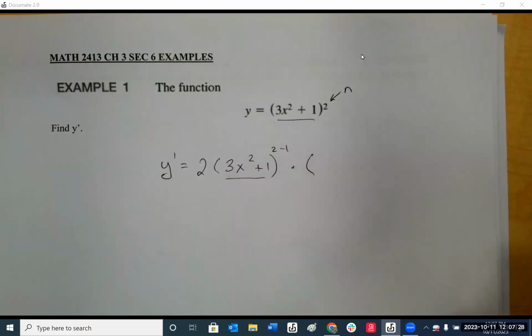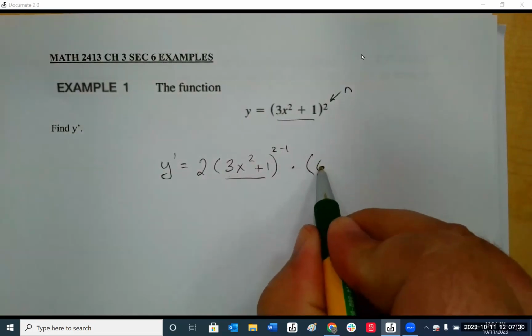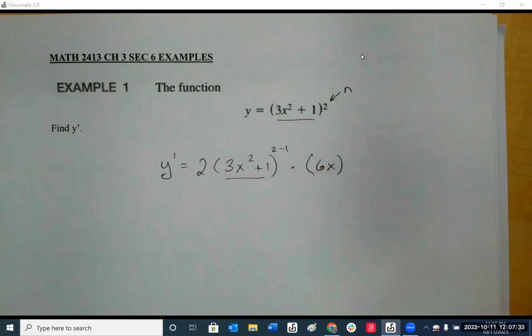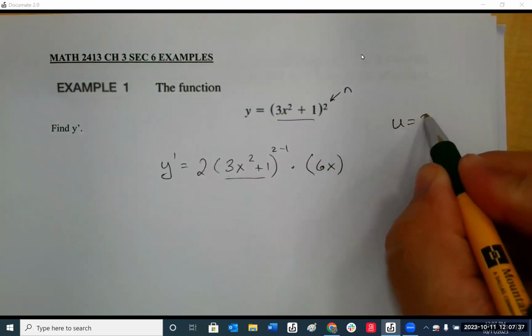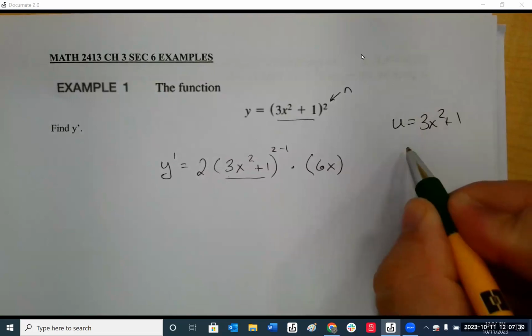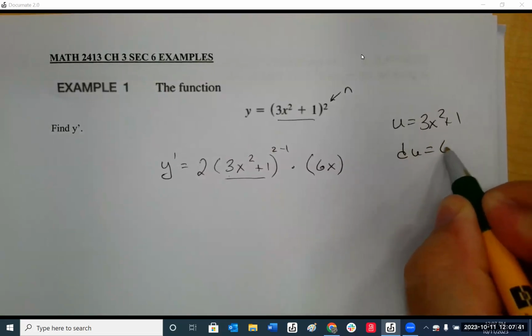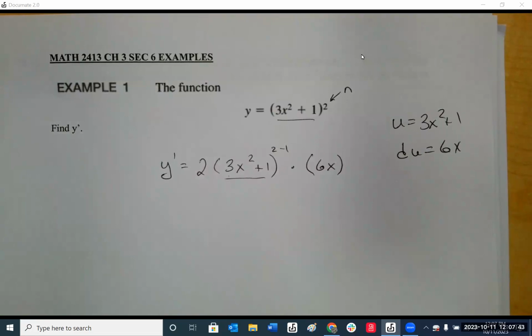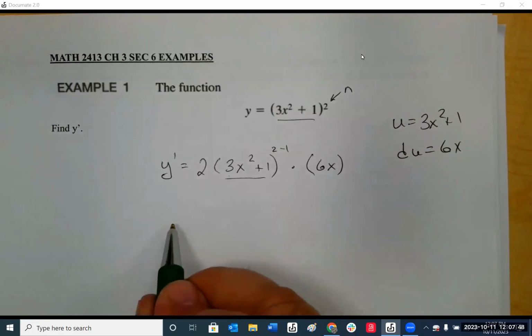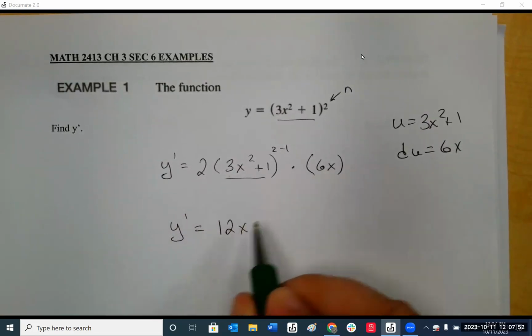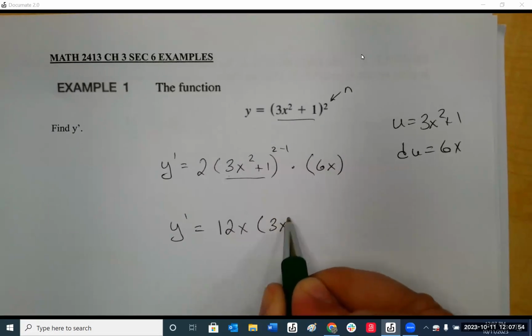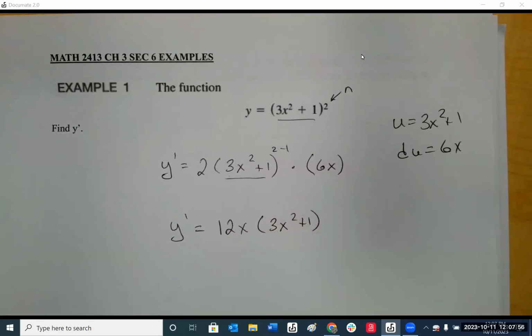The derivative of 3x squared plus 1 is 6x. If u equals 3x squared plus 1, then du is 6x. So we have 12x, 3x squared plus 1. There's our derivative.